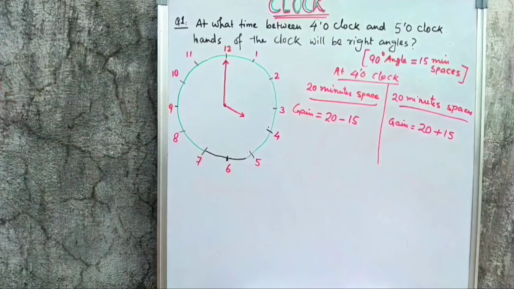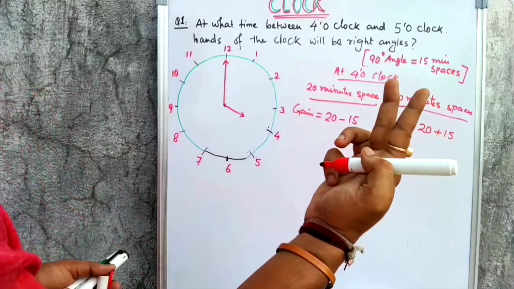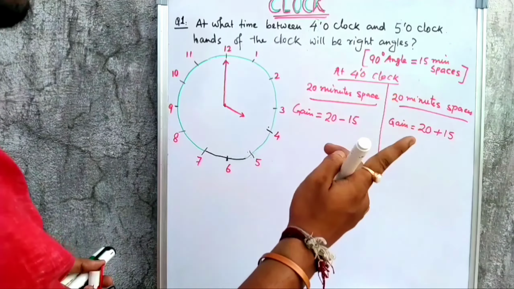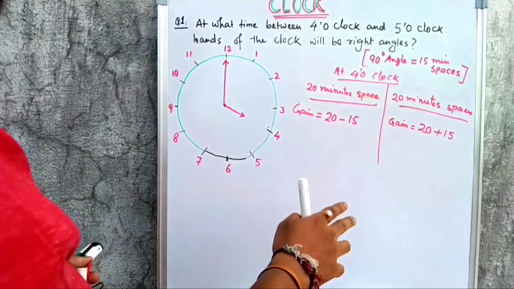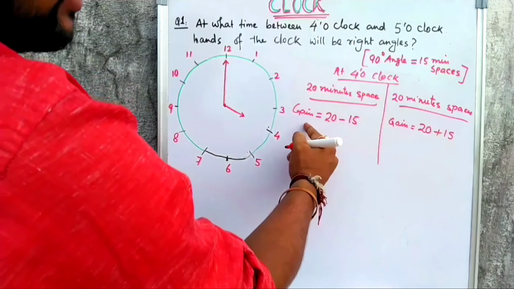That means once you have to subtract and again you have to add to get the two results of right angles. As I told you, in every 1 hour there will be two right angles. So here is one right angle, here is another. Now you have got the gain.